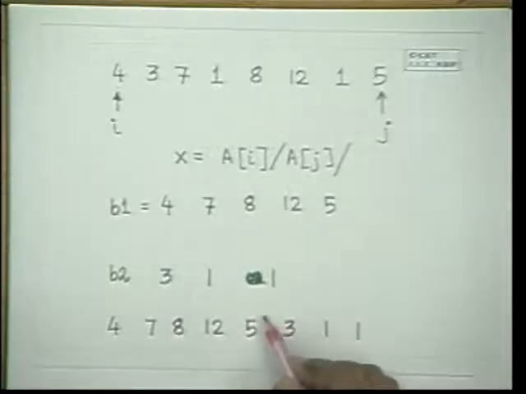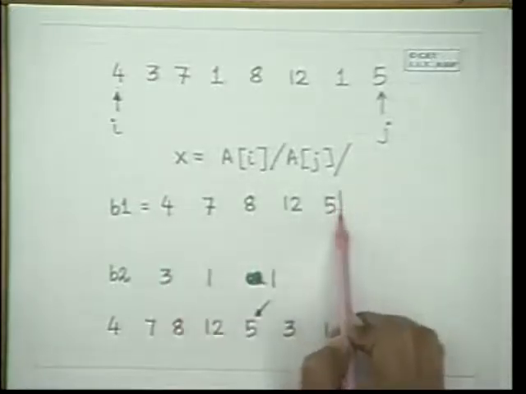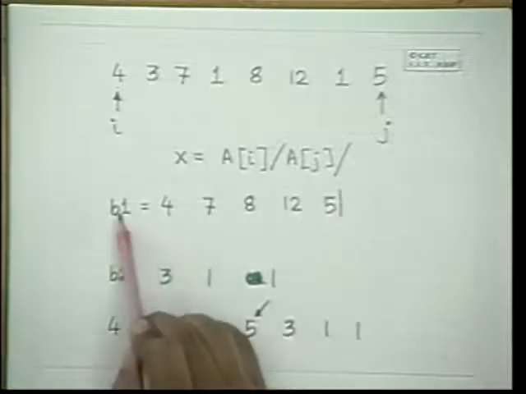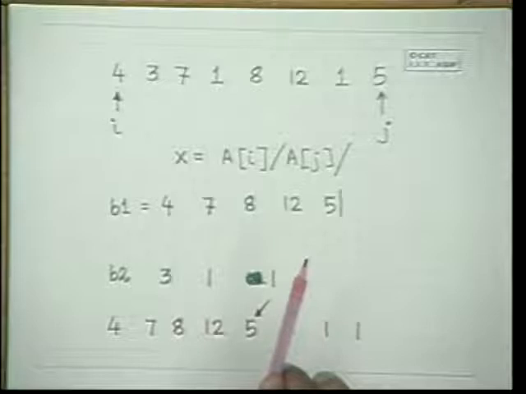And what do we return back? Which index do we return back? We return back this index, the place where the partitioning occurred. The partitioning occurred at this place. That is, the size of B1 will tell you where the partitioning occurred.